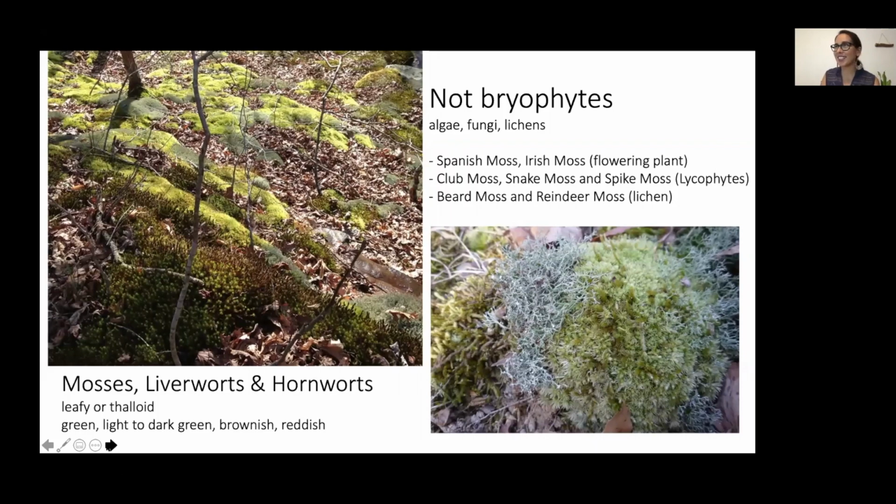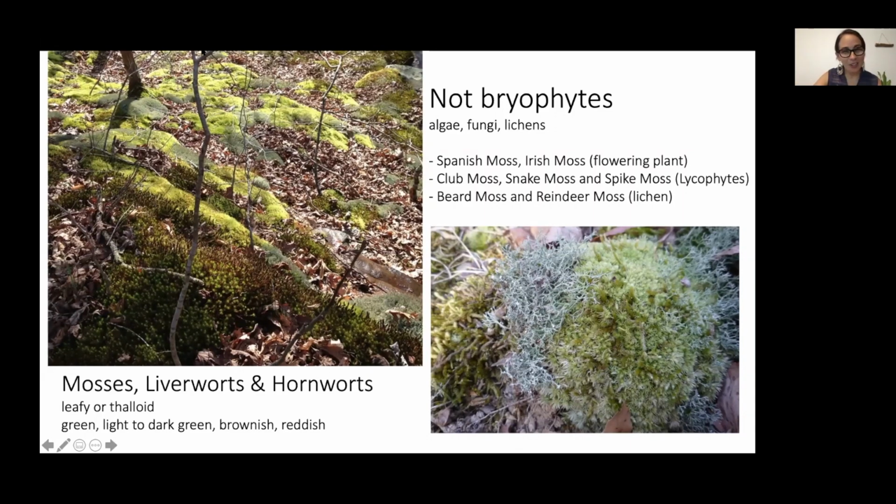So the question that you were asking is, what are not bryophytes? Maybe you have seen something like this, a patch, and I believe this is in early spring, where you have these patches of green carpets or turf, and they are different colors and different shades.